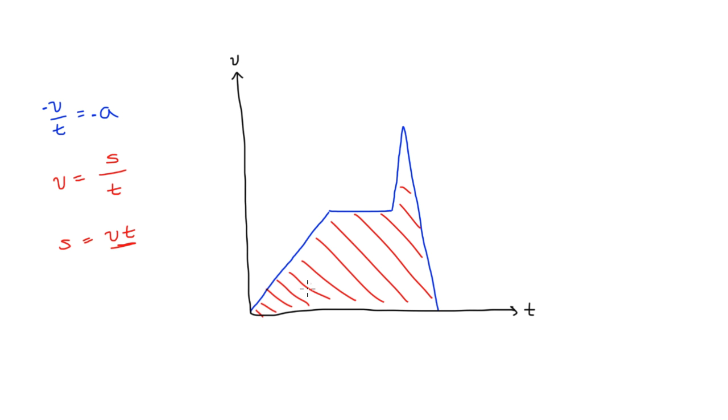Now, this would be its displacement over this period of time. If we were only to look at the portion of the graph up until this point of time, then this area would give you the displacement from 0 seconds up until this point t.